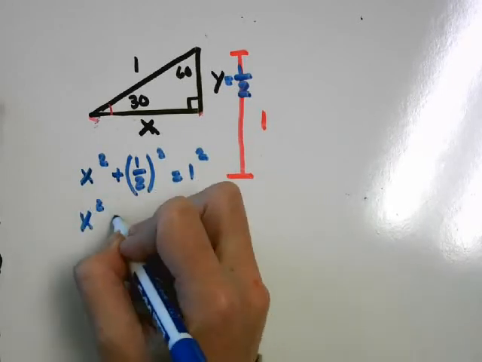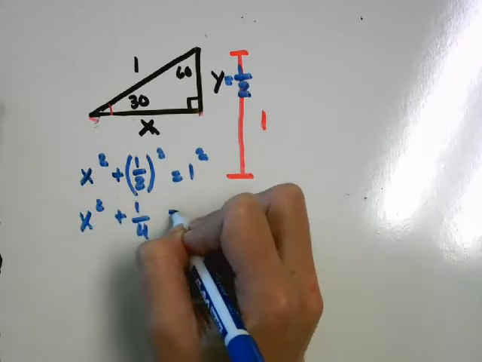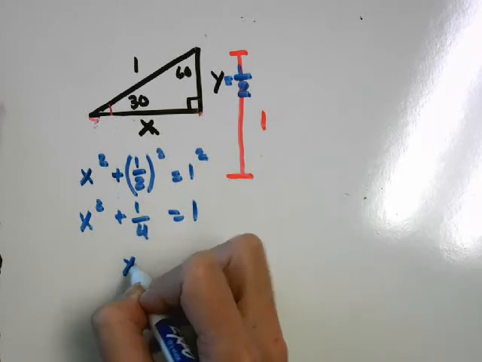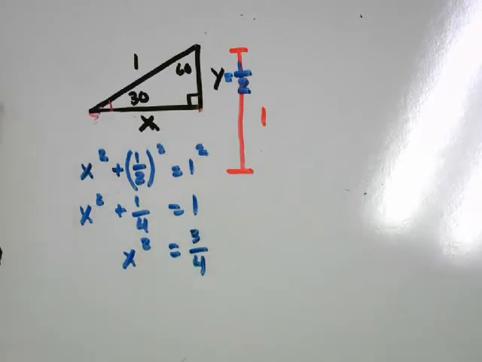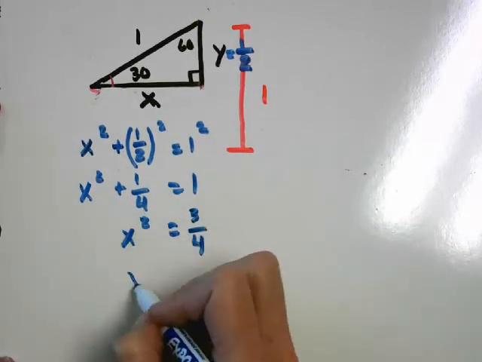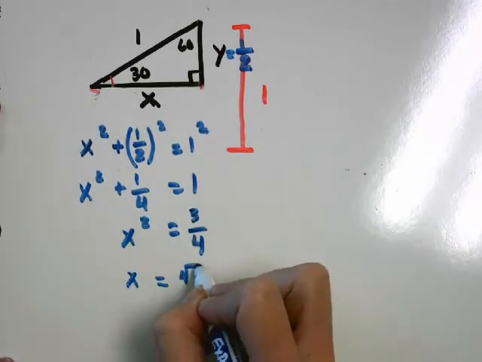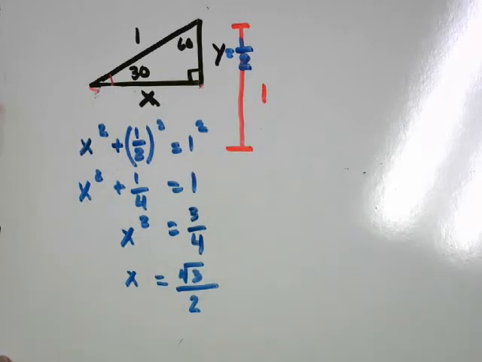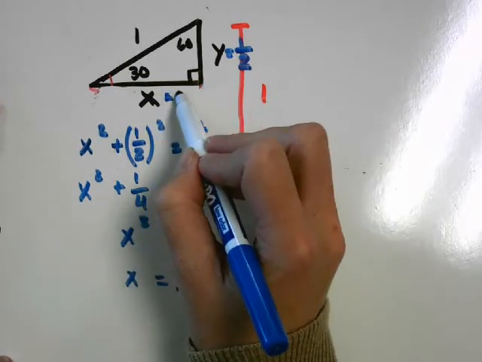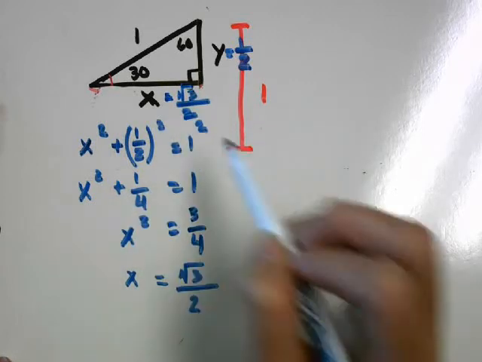So x squared plus 1/4 equals 1. x squared is going to equal 3/4. If I take the square root, that's going to be the square root of 3 over the square root of 4, which is 2. So this distance is root 3 over 2.